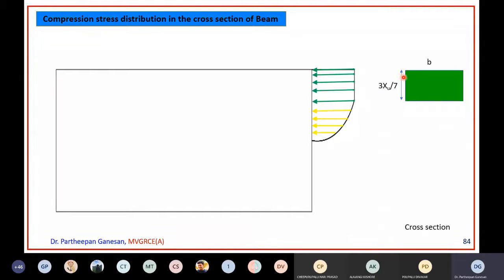Similarly, this parabolic part will act to a height of 4/7 XU. The cross sectional width remains the same. This is the elevation, and this is the side view, showing the corresponding cross sectional area in which this stress acts. This yellow or magenta area is the area in which the parabolic part of the stress will act.